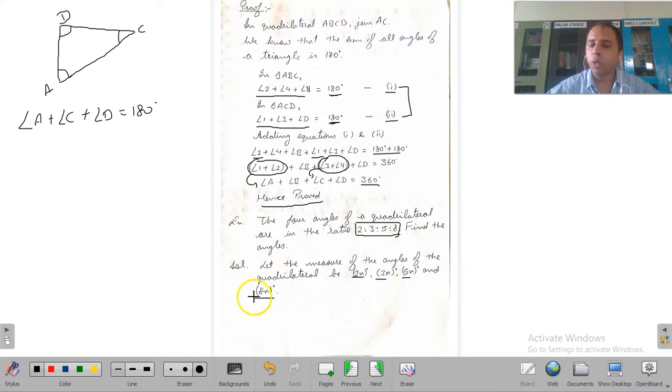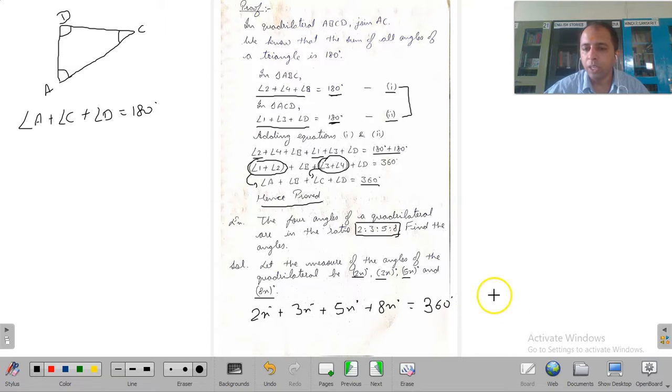Now according to the angle sum property of a quadrilateral, what we can write down? 2x degree plus 3x degree plus 5x degree plus 8x degree is 360 degree. Now let's add these. 2 plus 3 is 5, 5 plus 5 is 10, 10 plus 8 is 18.